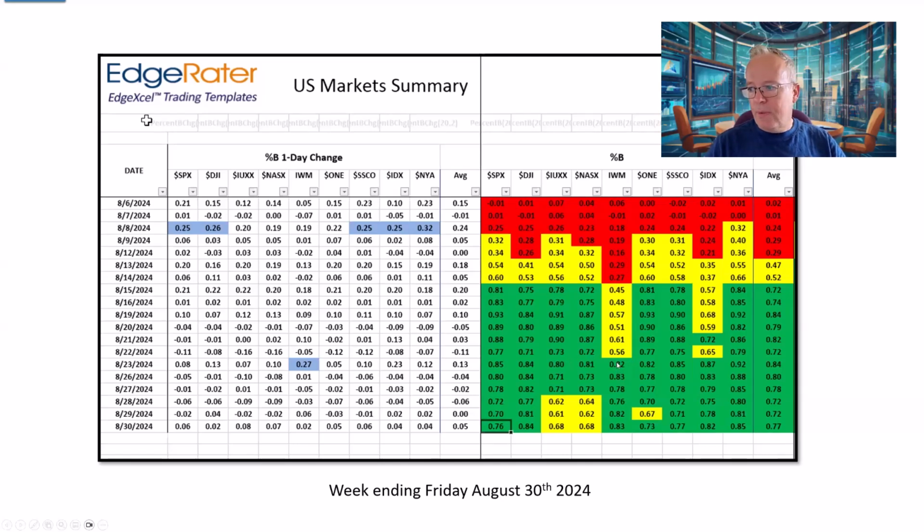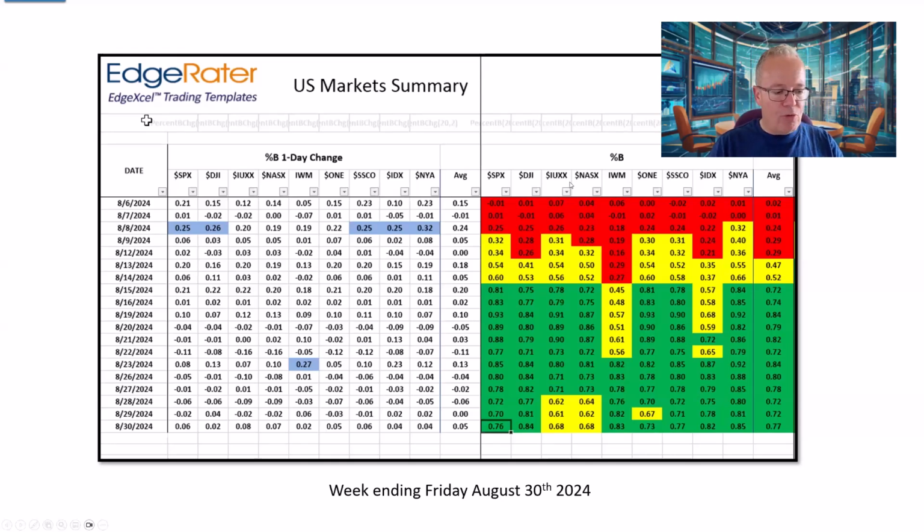So that was kind of a signal that everything is looking reasonable for trades on the long side, although you could have made a lot of money if you were in long trades that climbed that wall of worry. Then as the week went on, we stayed in the green area, and we've started to see a couple of yellows. What normally happens with these two is it's the IUXX and the NASX.